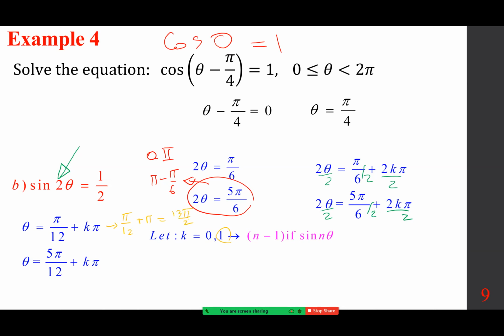So far, if you put 0, we have pi over 12, 5 pi over 12, and 13 pi over 12. And over here, if I put 1, I get 17 pi over 12. And those are all possible answers from 0 to 2 pi.